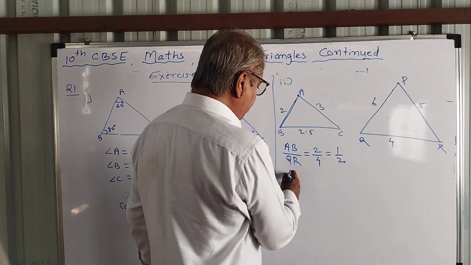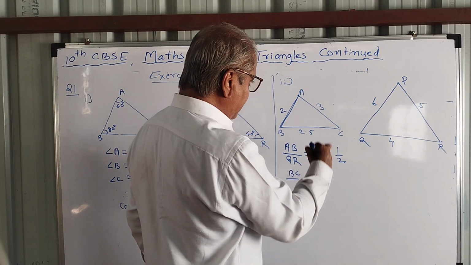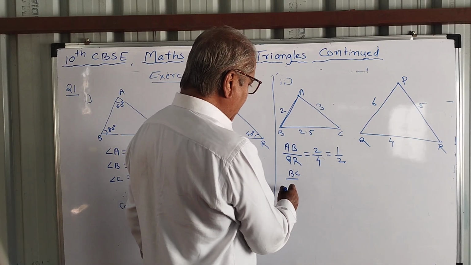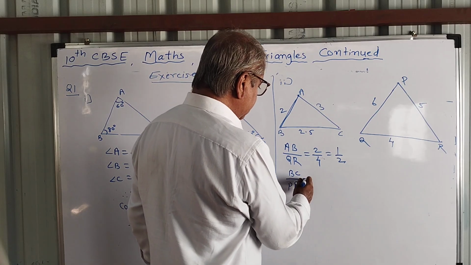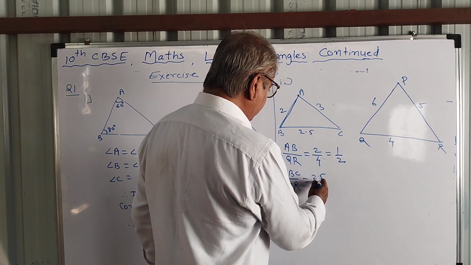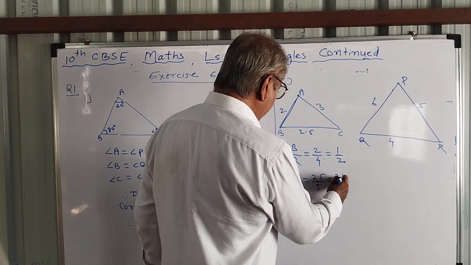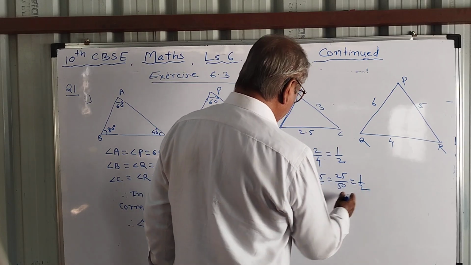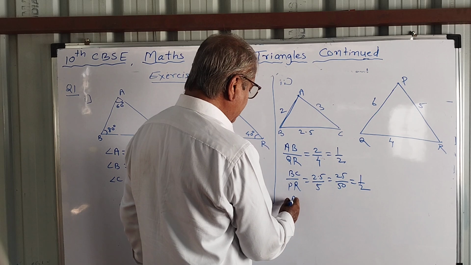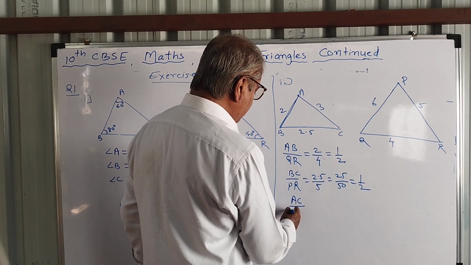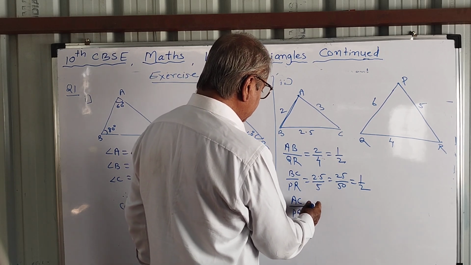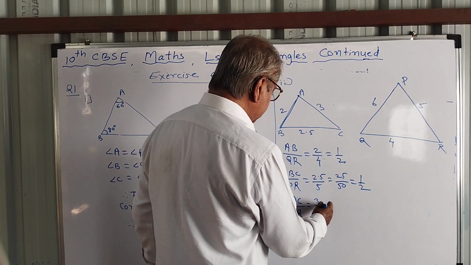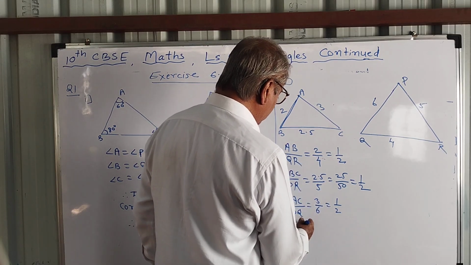Then BC upon PR. It is again 2.5/5. That is 25/50. It is 1/2. And the last one is AC upon PQ is equal to 3/6. It is 1/2.